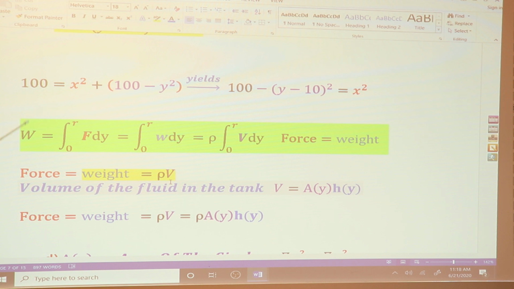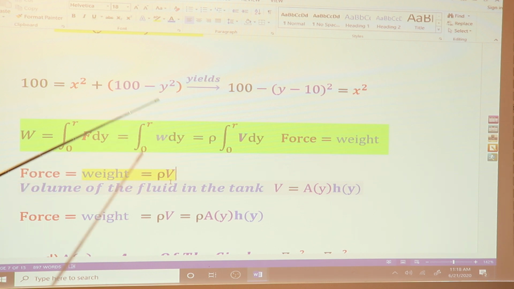Before I start doing the problem, I analyze my formula. The work is F dy. For the limits, 0 and R, is that changing? It depends on the problem. When we have fluids, the force will be the weight, dy, because we are either pumping in or out of this tank. The changing part will be, if it's spherical, in terms of x and y, because the radius of the circle will change.